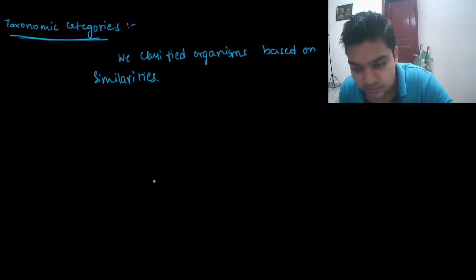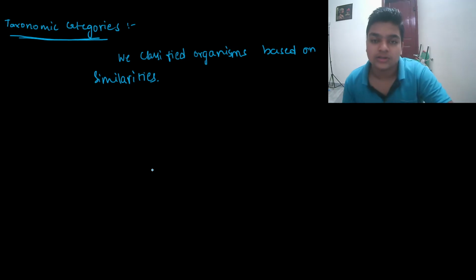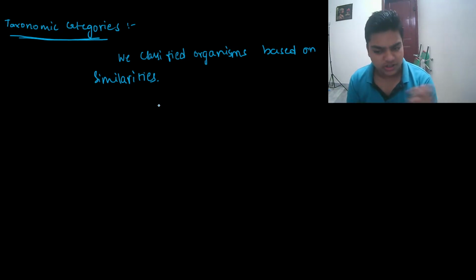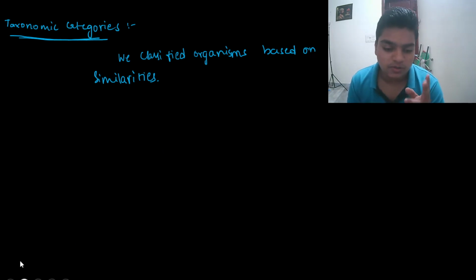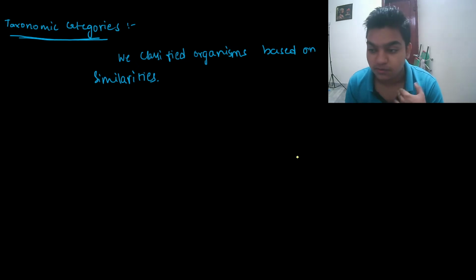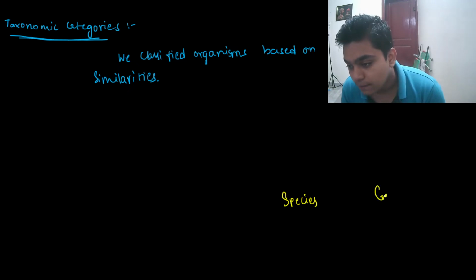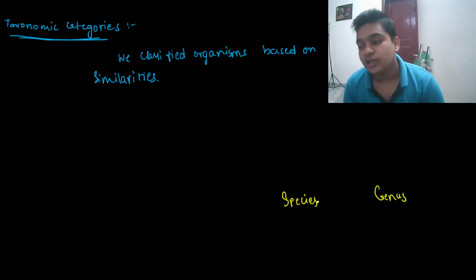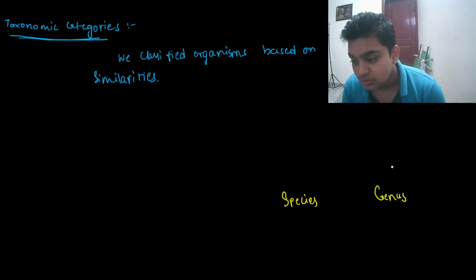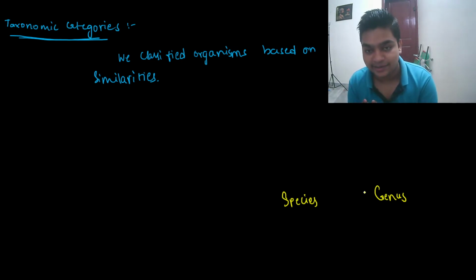Now, what are the things that we generally know? We know about species, we know about genus. These are the two things which we have been seeing from our first class itself. Interestingly, these two are individual categories.